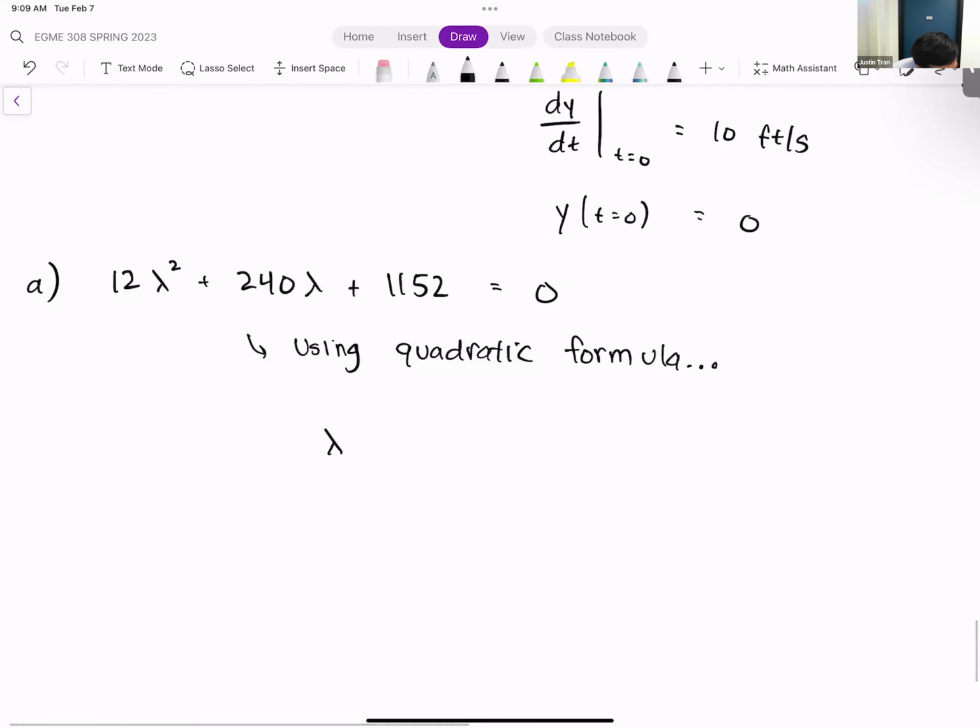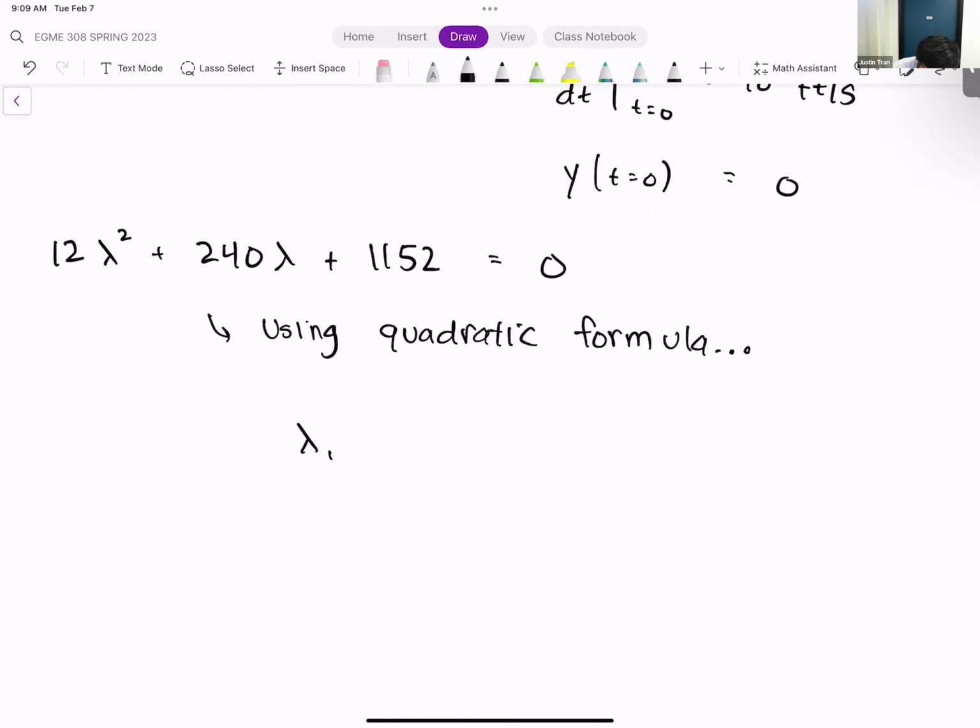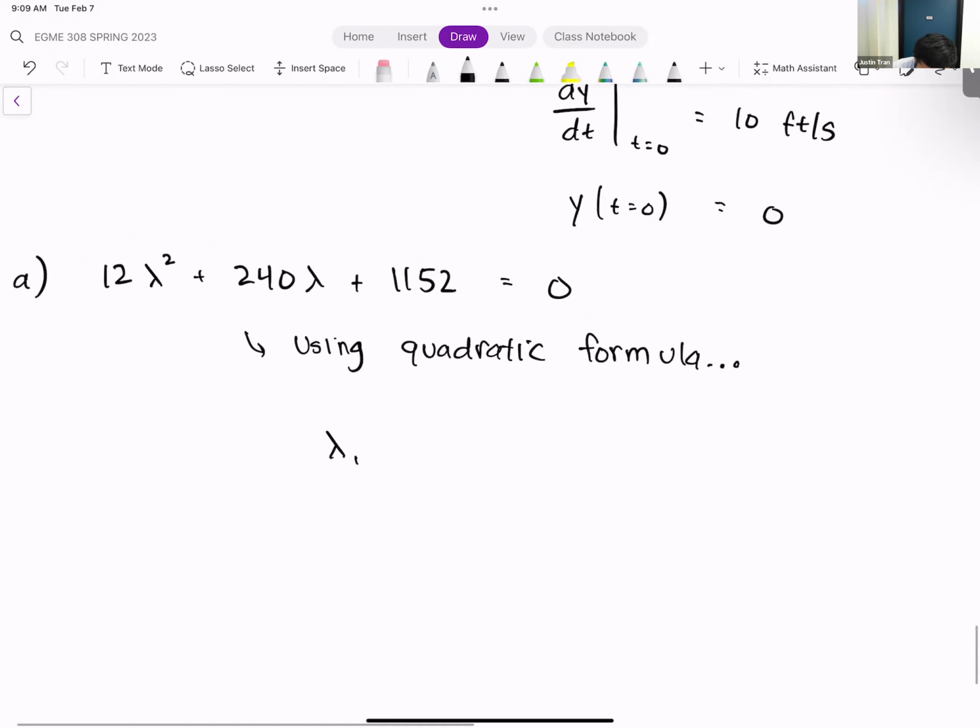We actually get two real roots here. Lambda 1 is equal to -8, and lambda 2 is equal to -12.